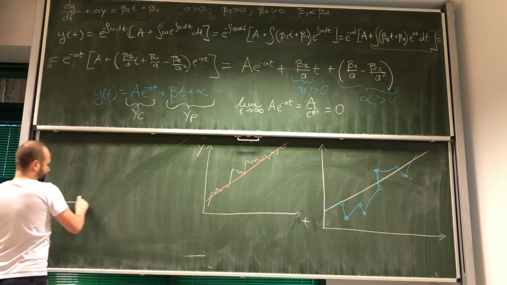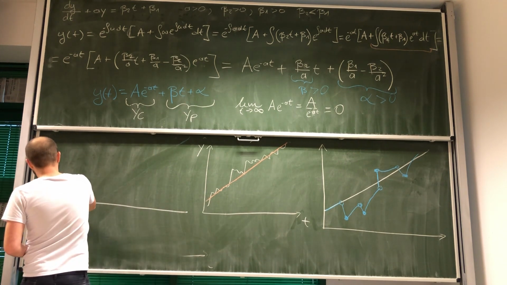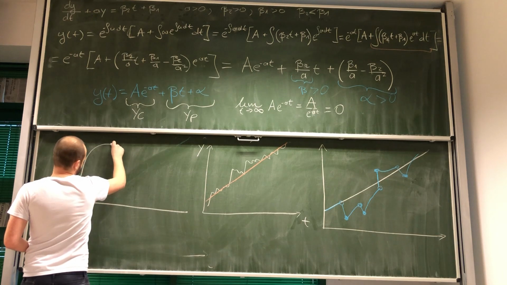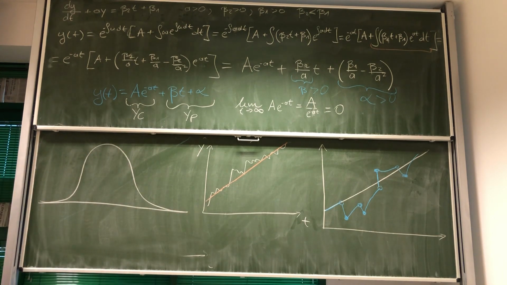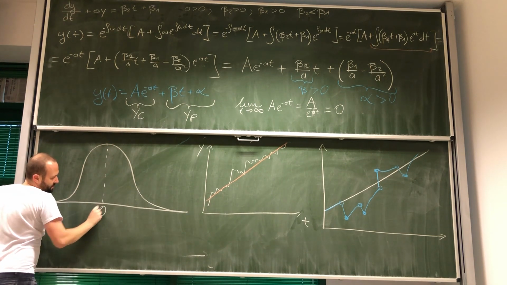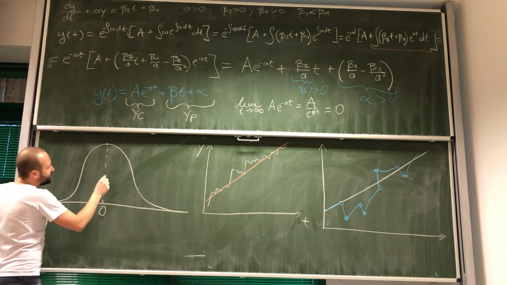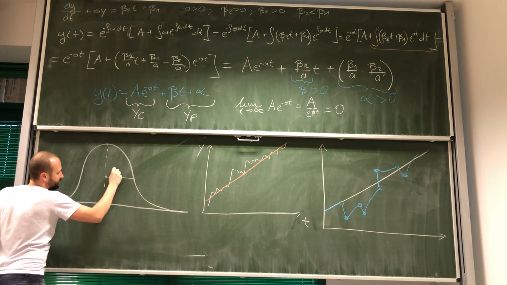Imagine that we've got a normal distribution of shocks. Look, the mean value of the shock would be 0. There would be some constant standard deviation.